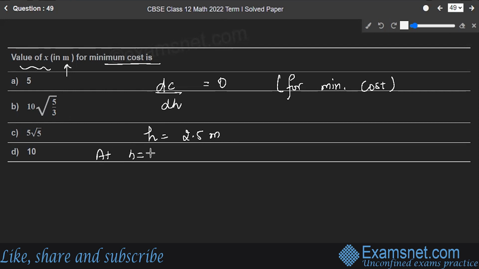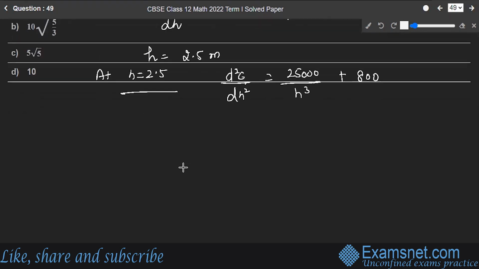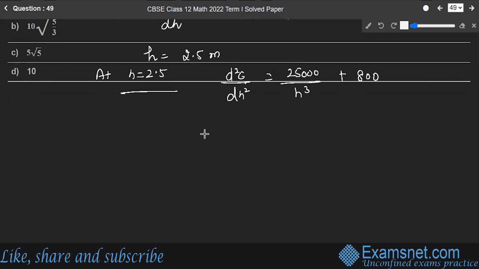At h is equal to 2.5 meter, what was this value? It was equal to 25,000 upon h cube plus 800. So at h is equal to 2.5, this is definitely a positive value, right?